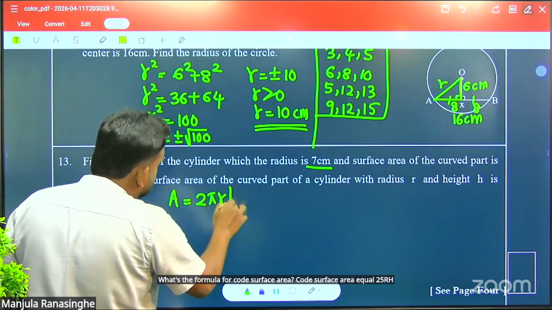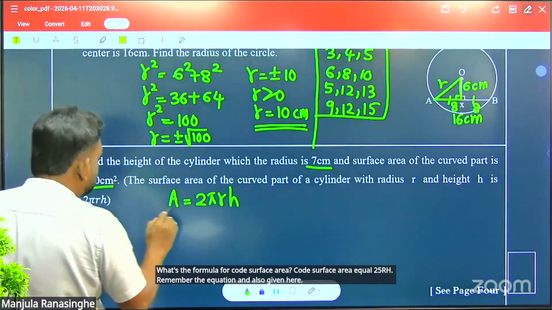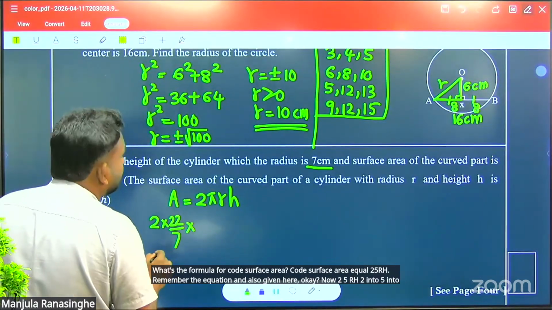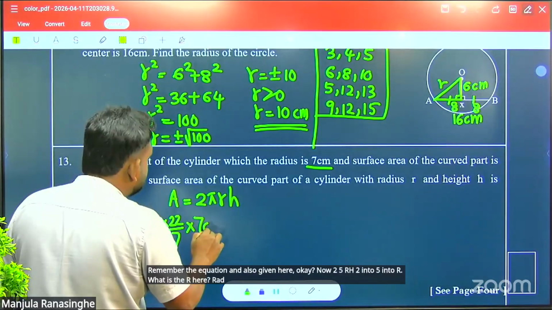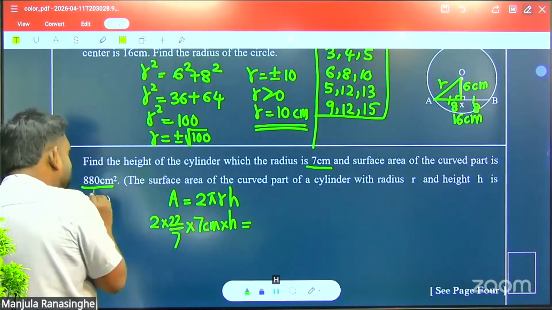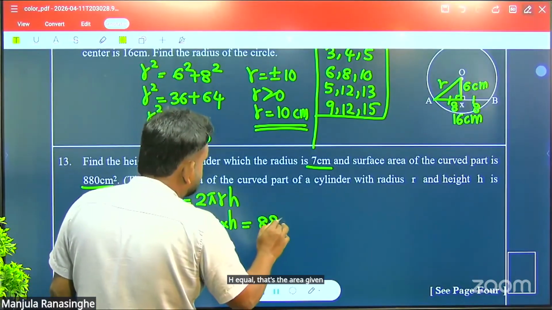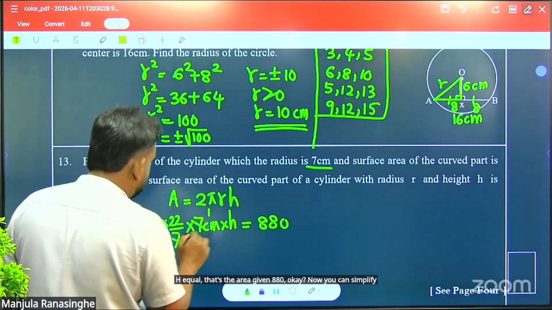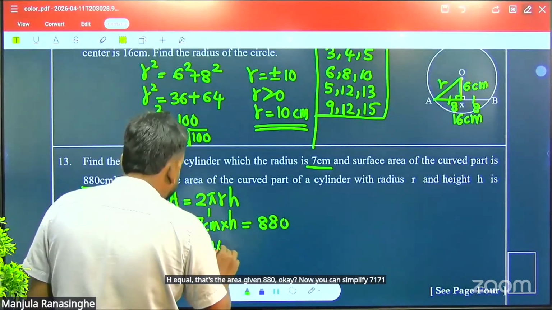Remember the equation, and it is also given here. Now 2 into π into r. What is the r here? Radius 7 centimeter into the height, which we don't know, h, equal to the area given, 880. Now you can simplify 7, 1, 7, 1, 2 into 22, 44.